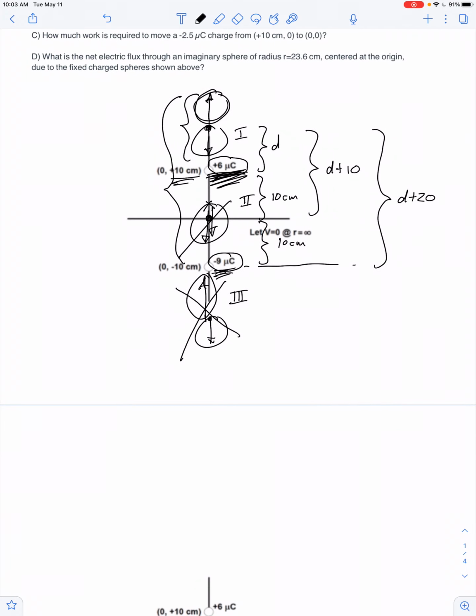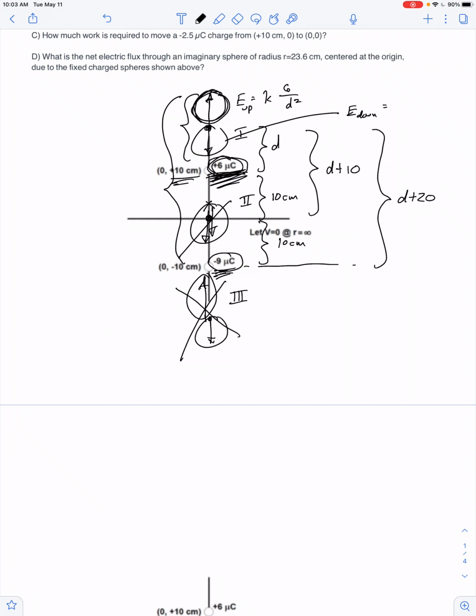So how do we determine the value of this upward electric field? Well, that field is equal to k times, since it's due to this charge, 6, divided by the distance d squared. An electric field goes as an inverse square law. So for this downward electric field, we'll just say E up and E down.